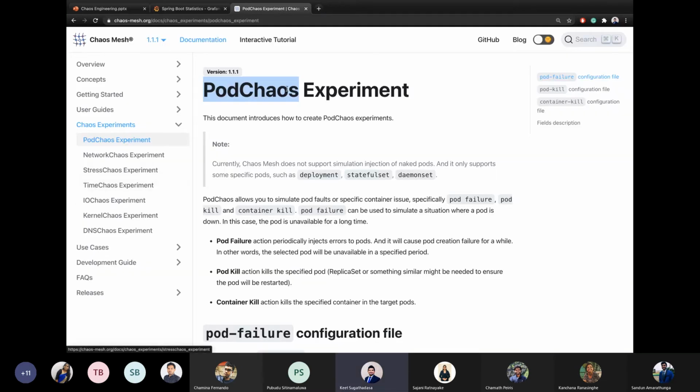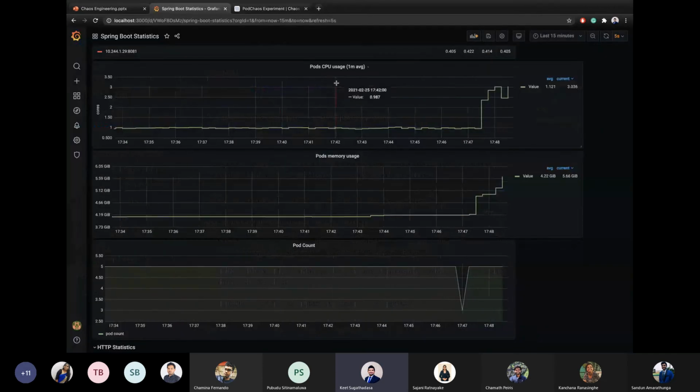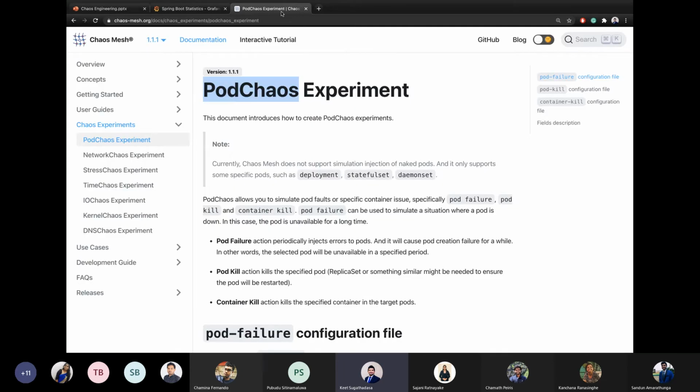Until it comes up into a proper metric, let's give it a few minutes. Till it comes up, I'll explain a little bit about the types of experiments we have in this toolkit. There are other different toolkits as well that you can use, but for the demonstration, we are using the chaos mesh. Here, of course, you can try the pod chaos experiment. So this is what we are trying to do.